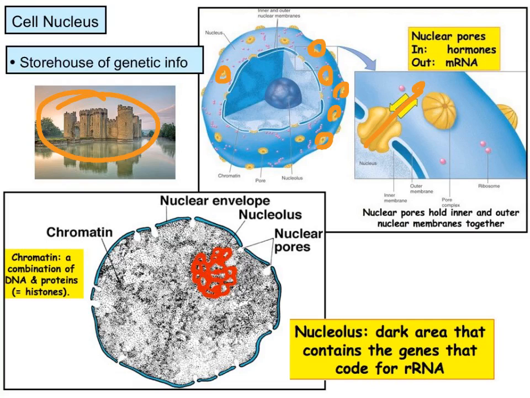Now, if we look within the nucleus, we've got our nuclear envelope with the nuclear pores that allow things in and out. We have our chromatin, which is a combination of DNA and proteins, or histones, and we have our nucleolus, which is a dark area that contains the genes that code for our ribosomal RNA.